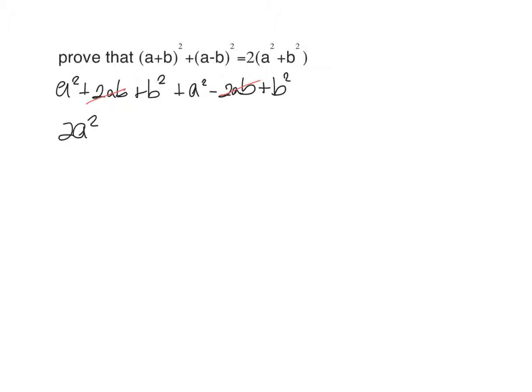And then I've got b squared and b squared there. I can combine those, plus 2b squared. My common factor is 2. If I bring that outside, I'll have a squared plus b squared. And that is equal to my right hand side. So I've shown my examiner that I can prove that this will happen.